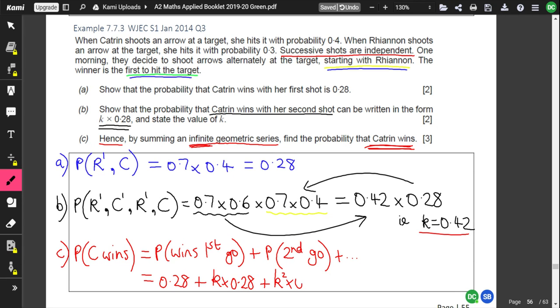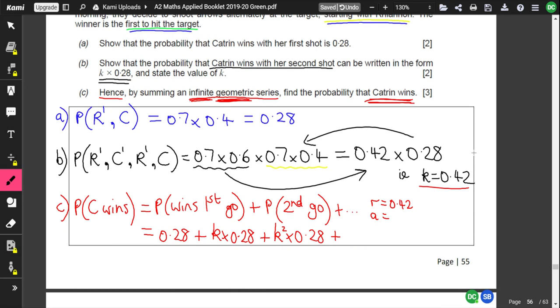We notice we have a common ratio here, and we've been told it's geometric as well. So we can see our common ratio is k. The first term of this geometric series is 0.28. And we want to add together every single term in this sum, because that gives us the probability of Katrin winning on any go: first, second, third, fourth, potentially up to infinity.